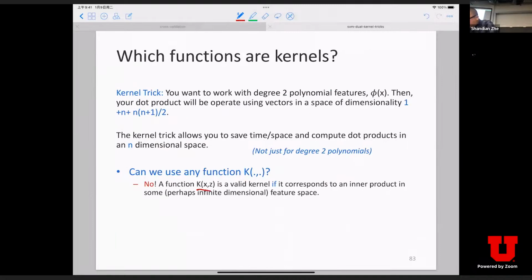A function k of x and z is a valid kernel if it corresponds to an inner product in some, perhaps infinite-dimensional, feature space. Then what kind of function can we say is a valid kernel function? In other words, what kind of function must correspond to some implicit feature mapping dot product?